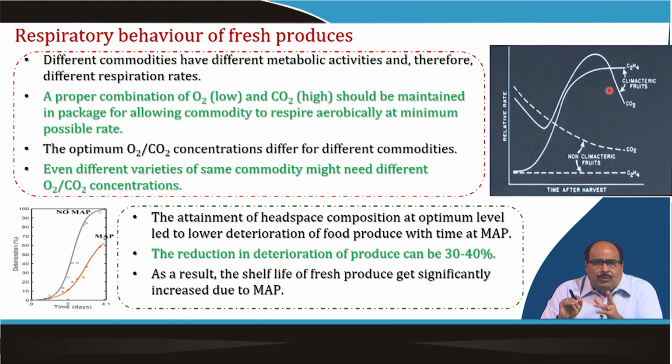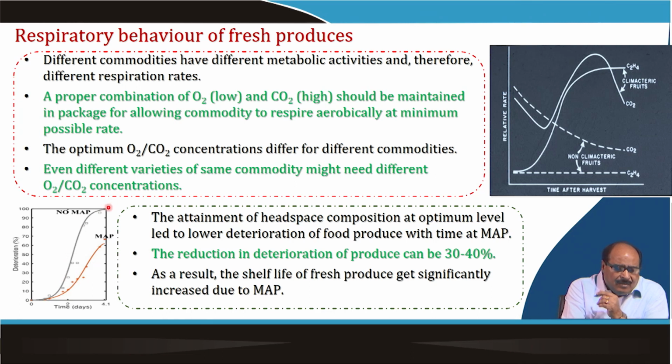Optimum O2 and CO2 concentration differ for different commodities, even for the same commodity, suppose apple, its different varieties might require different levels of oxygen and carbon dioxide concentration for proper shelf life extension, for proper maintenance of respiratory activity. The attainment of head space composition at optimum level leads to lower deterioration of food produce with time, and you can see here that is MAP and not MAP.